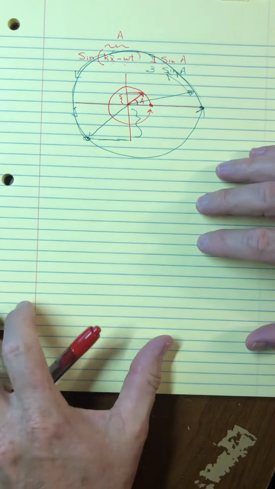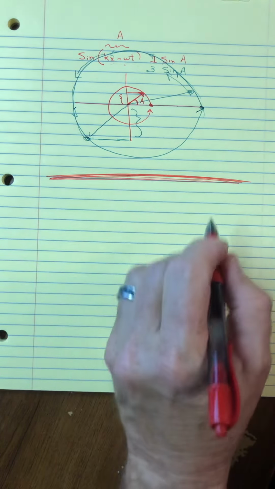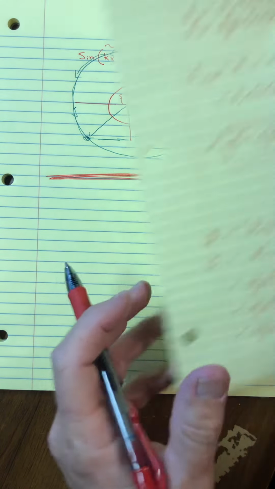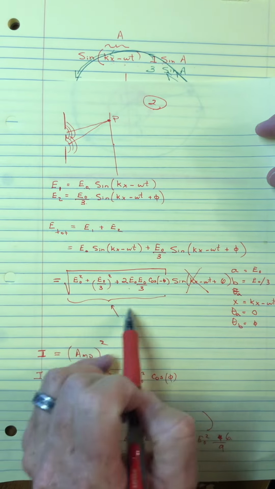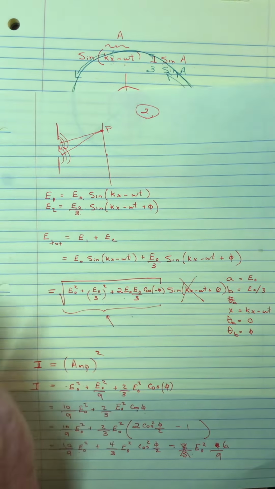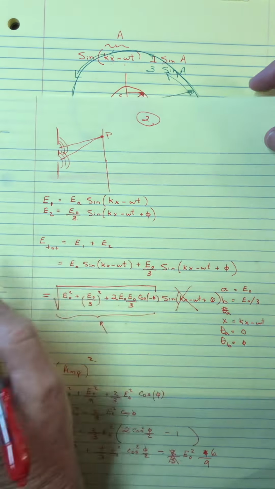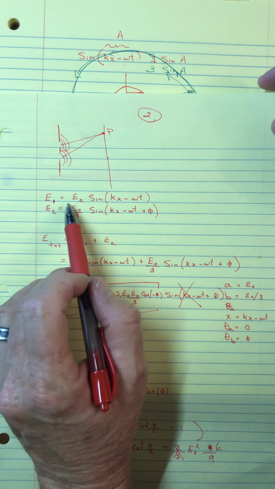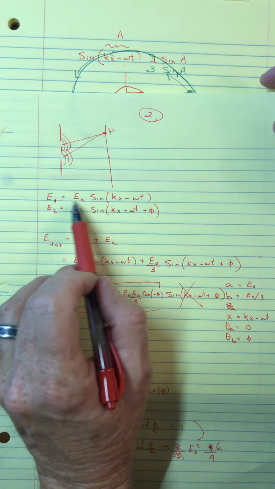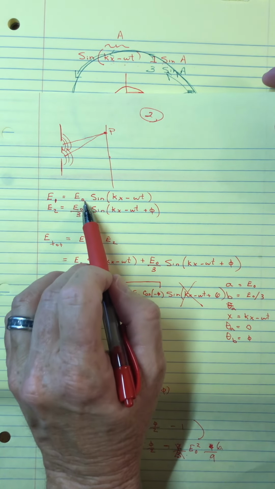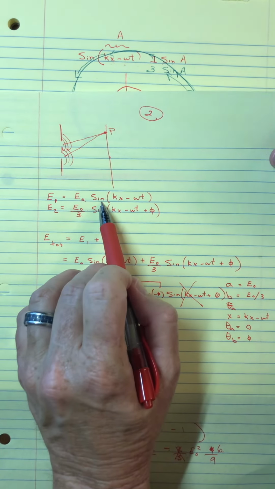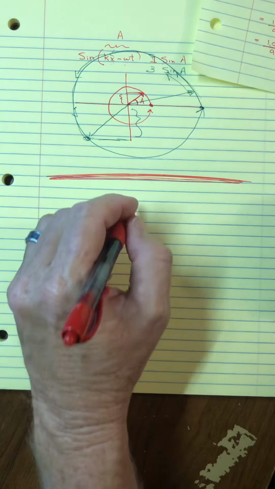Okay, so let me see if I can help you solve this problem, not using a trig identity, but using two phasors. Let me start with this first one. How would you view something with an amplitude of E0 sine using phasors?